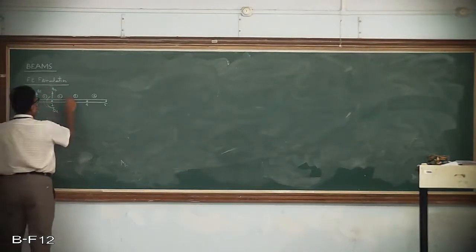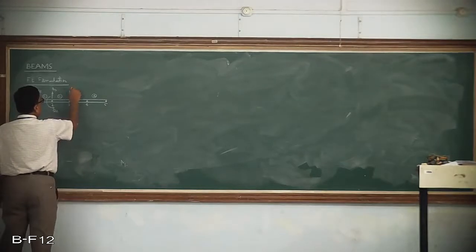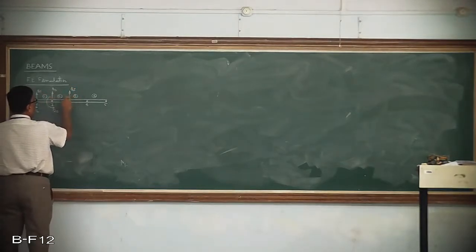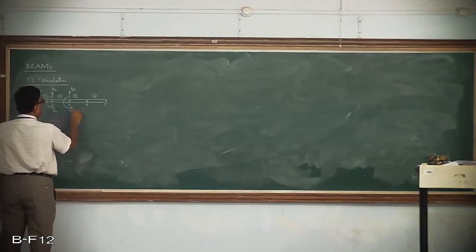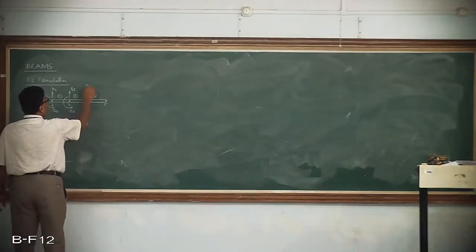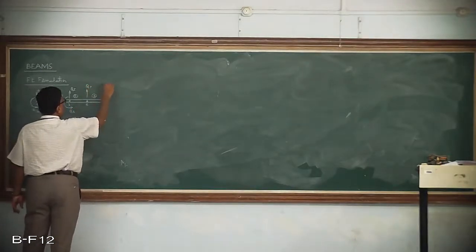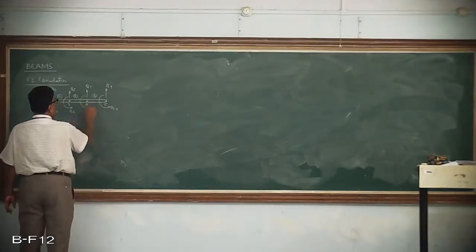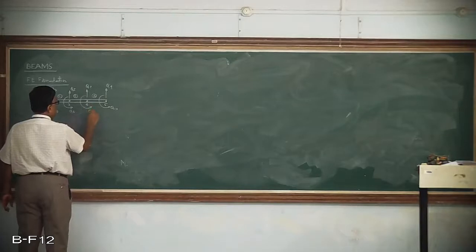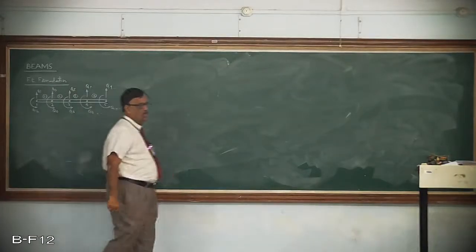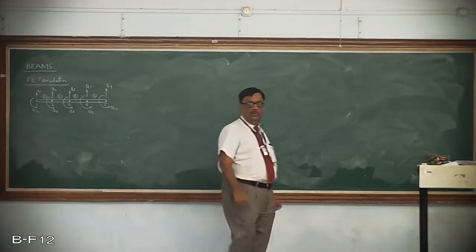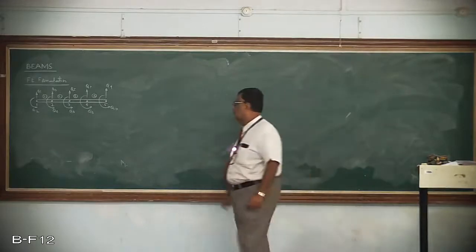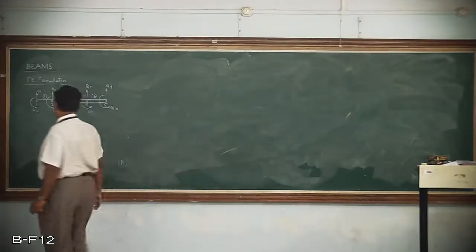So the odd numbers Q1, Q3, Q5, Q7 and Q9 all represent transverse deflection, whereas the even numbers are rotations. These are 5 rotations and 5 transverse deflections, so totally there are 10 degrees of freedom associated with this.